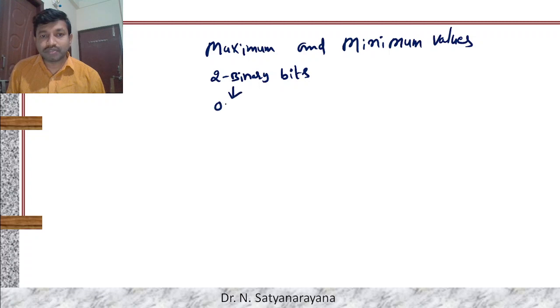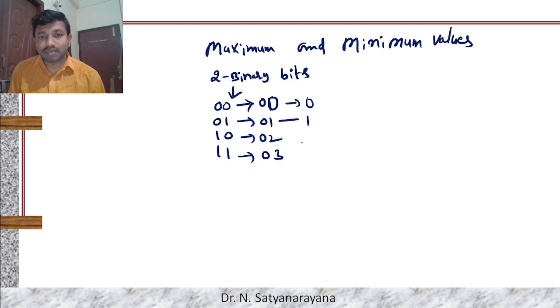It could be 00, 01, 10, 11. I expect the students to know how to convert these binary numbers into decimal numbers. The decimal equivalent of this one is 0, this is 1, this is 2, and this is 3.